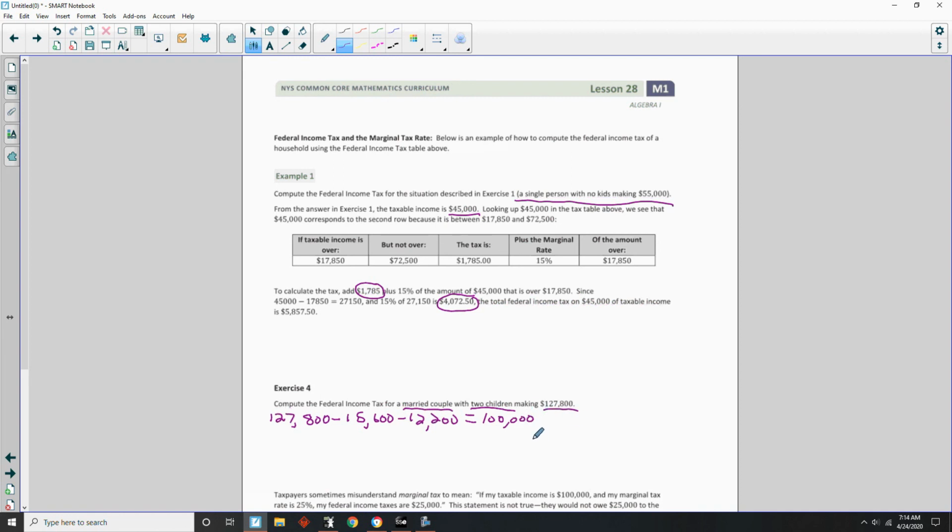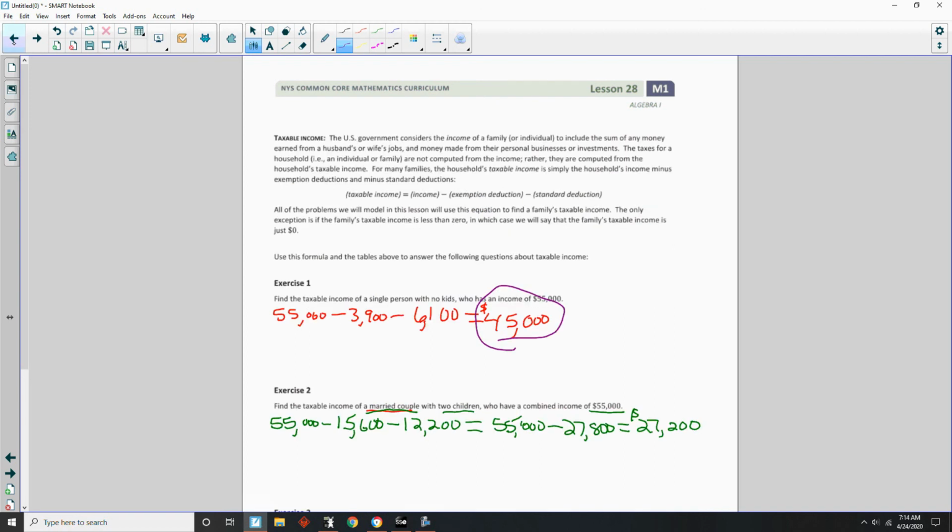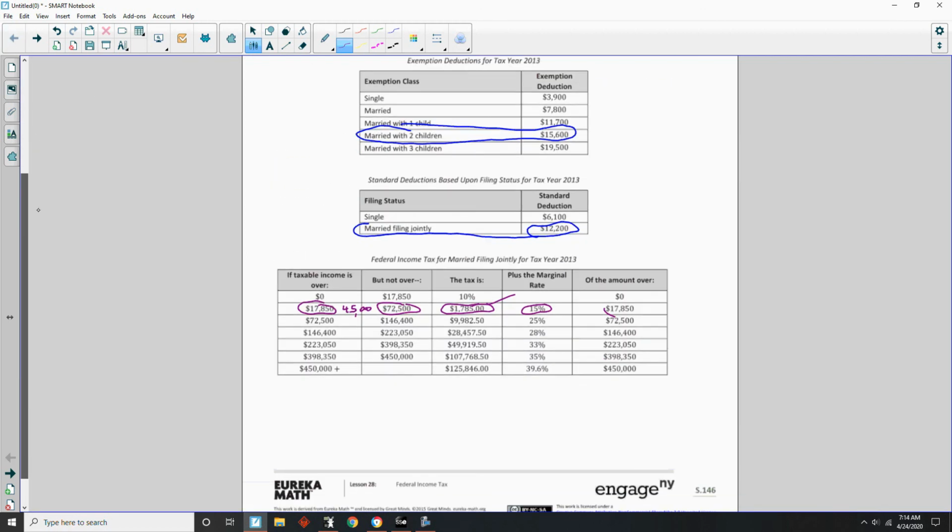Now we have to go back to the table on page 1, down to the bottom. Our taxable income is $100,000, and 100,000 is right here, between 72 and 146.